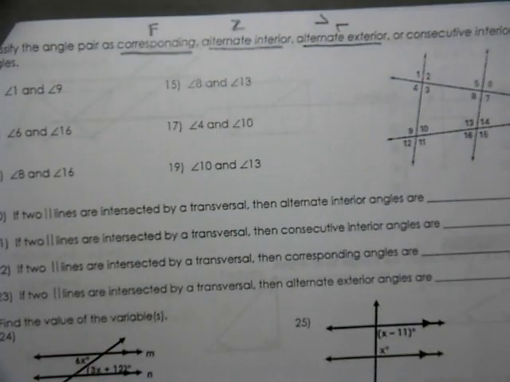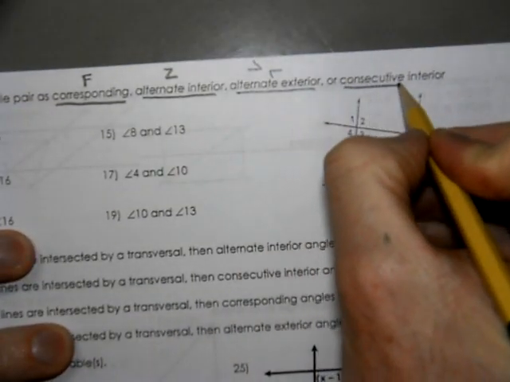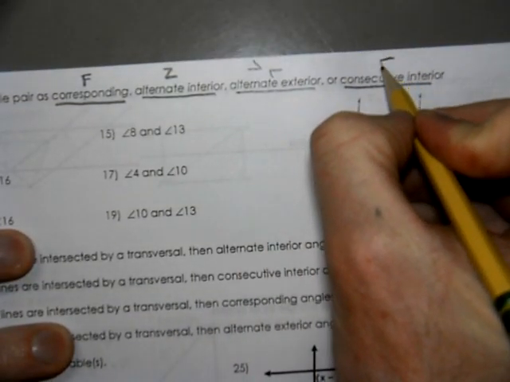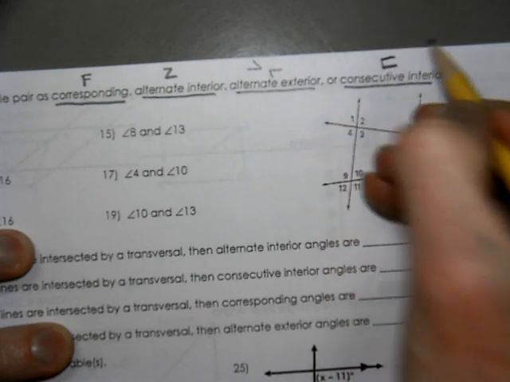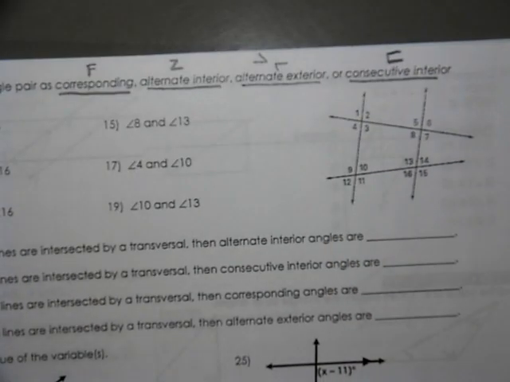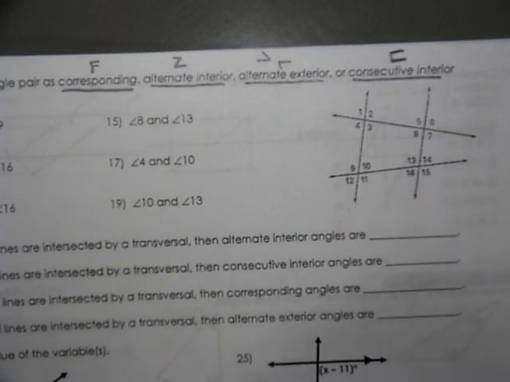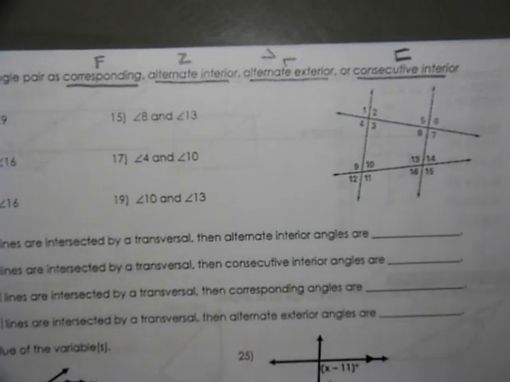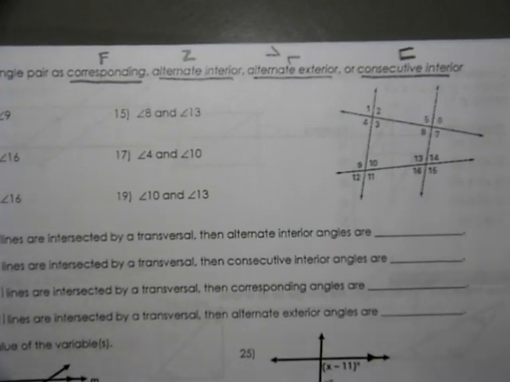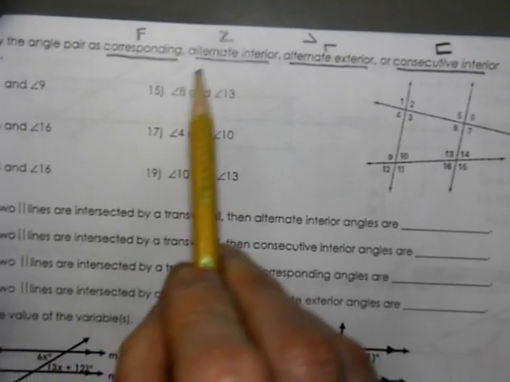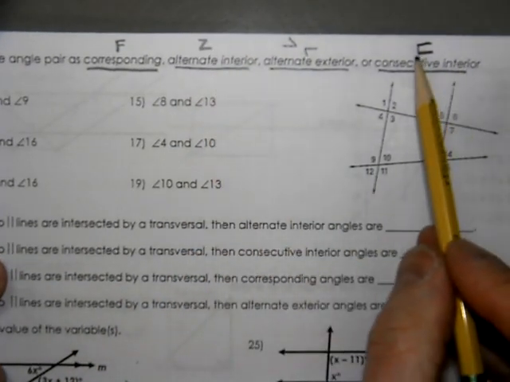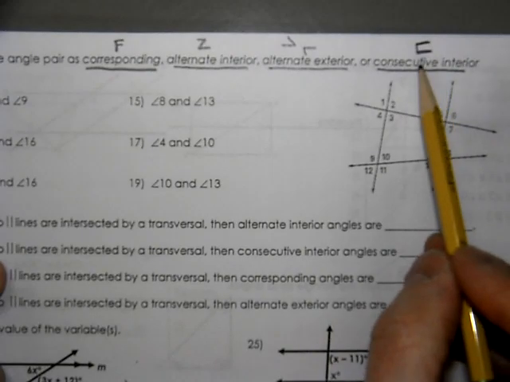When highlighting them, they open up like that. And then consecutive interior often form like a C shape. Now sometimes the F can be upside down or flipped. The Z can look more like an N. It all depends on which angles we're picking. But it's going to make a zigzag shape. It's going to make a C, or maybe look more like an N if it was turned sideways.